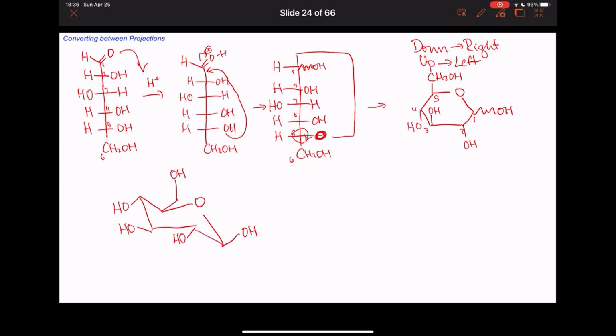Okay. So this is our anomeric carbon. That's the one that the stereochemistry will change. And in this conformation, since it's going upwards, it's your beta anomer. And then you can also draw the other version where it goes downwards. And this is your alpha anomer.